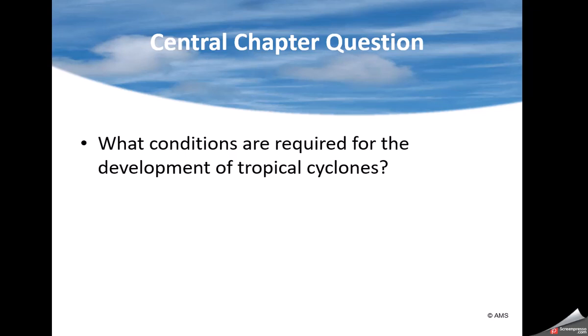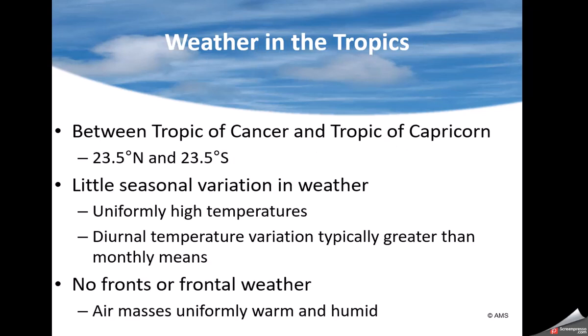These are very different systems and they have very different structures than what we talked about with extratropical cyclones. Tropical weather typically forms between 23.5 degrees north and 23.5 degrees south. Why is that? Well, basically, the sun's overhead at some point, and there's never a frontal passage there.